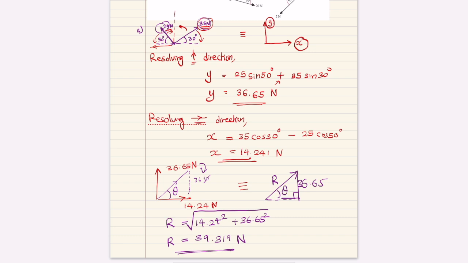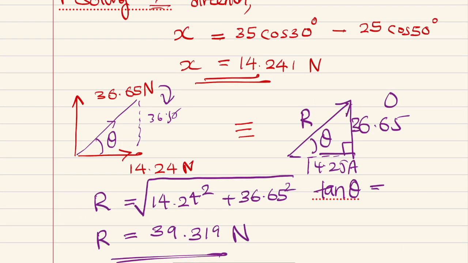At the same time, this 14.24 would be the adjacent of this right angle triangle. So opposite and adjacent is linked with tan. So you can straight away write tan theta. Let me zoom it. Tan theta is going to be 36.65 divided by 14.24.